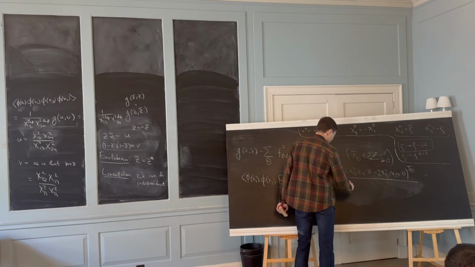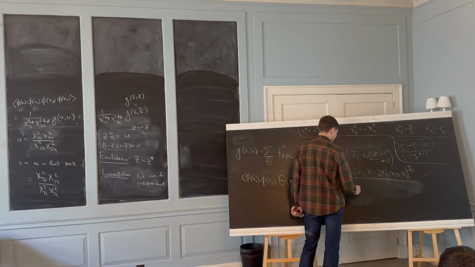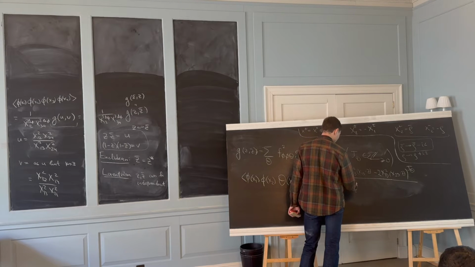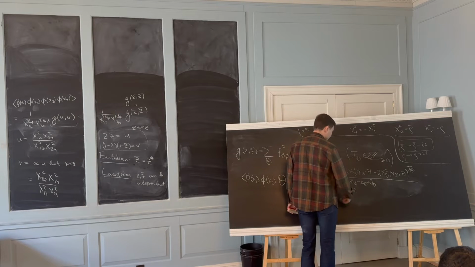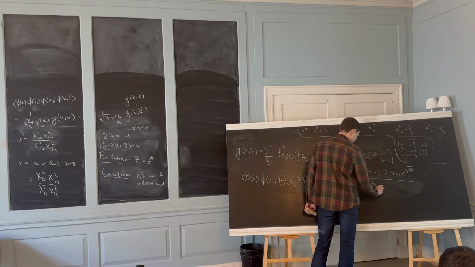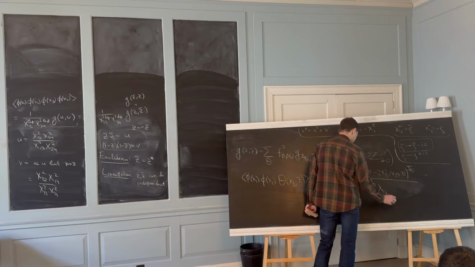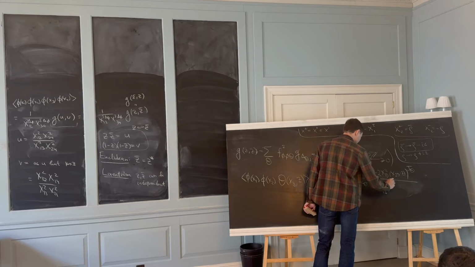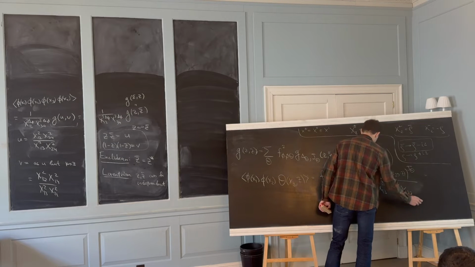And then there's a denominator, which is just some product of x12, x23, and x13 to some appropriate powers to take care of the scaling dimensions of these operators. So we have x12 to the power 2 delta phi minus delta O plus J_O, x13 to the power delta O plus J_O, and then x23 to the same power.